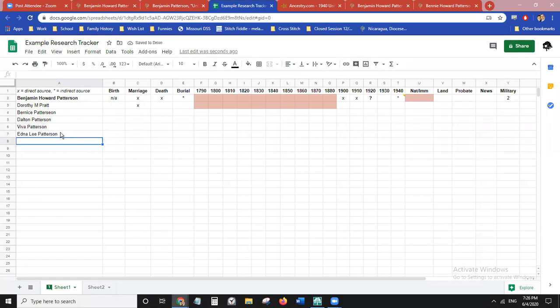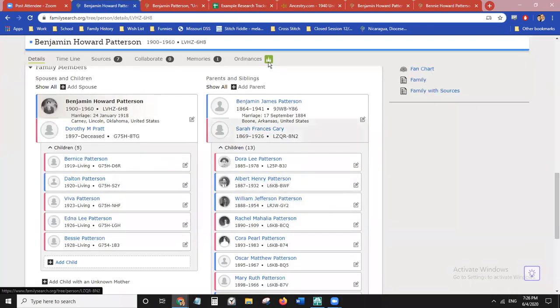And what was that last one? Bessie. Okay, so again, I'm not going to do any research right this second, but now I have them on my research tracker so I know who I want to do next so that Benjamin's research is complete and his family's research is complete.